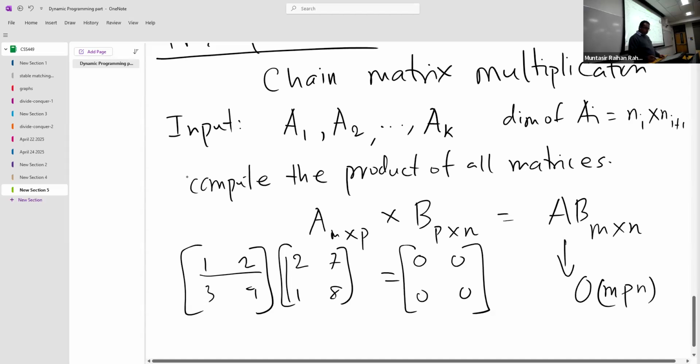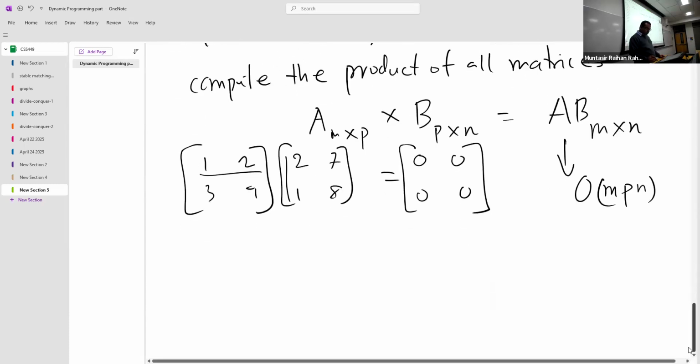That's correct, but why isn't it 2p? 2p, how do you get 2p? Because you're doing p in your row, and then you're doing p in your column for every dot in the m by n matrix. So in the dot product, how many multiplications are there?